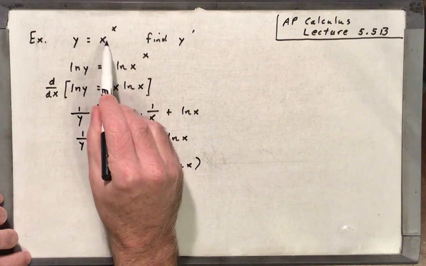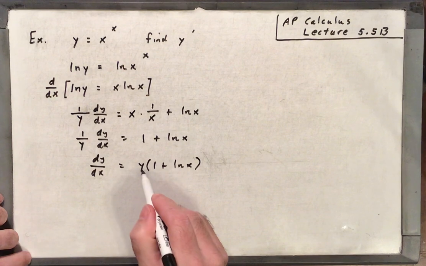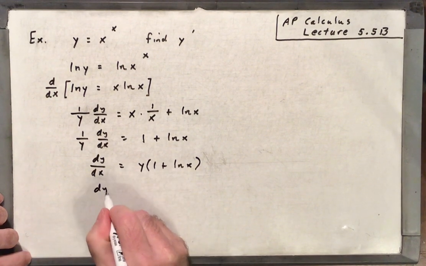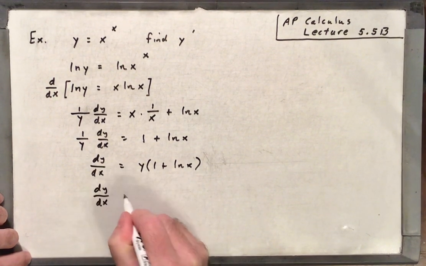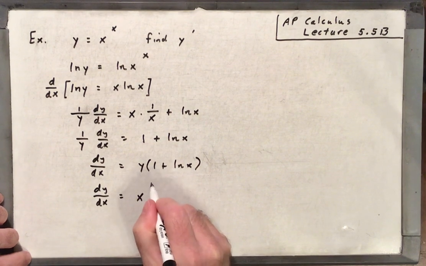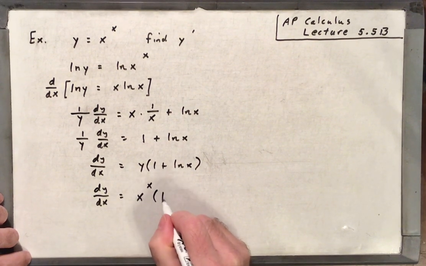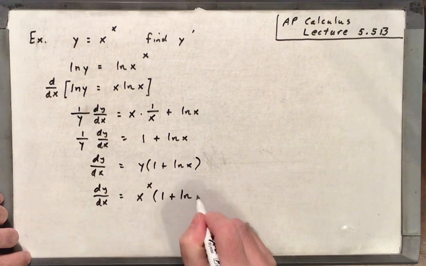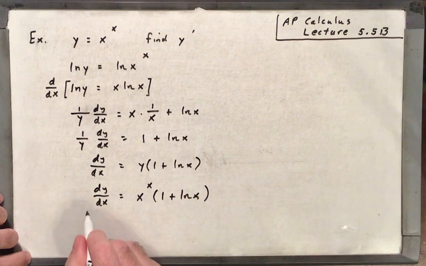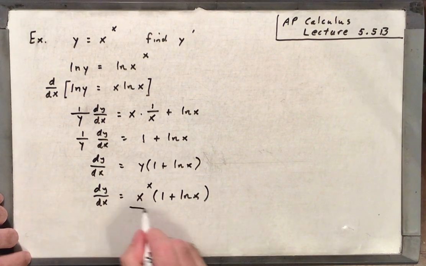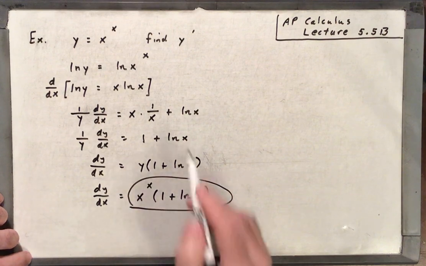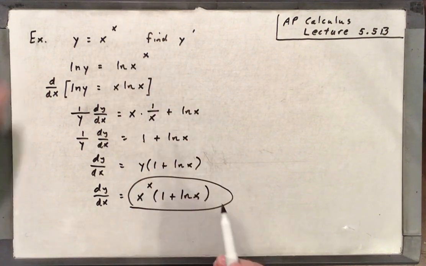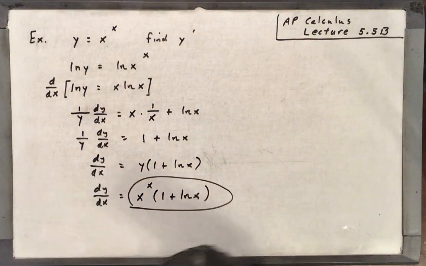So we're just going to substitute x to the x for this y right down here. So dy dx is equal to x to the x times 1 plus the natural log of x. And that is the answer to this question, not what I wrote down at first, x times x to the x minus 1.